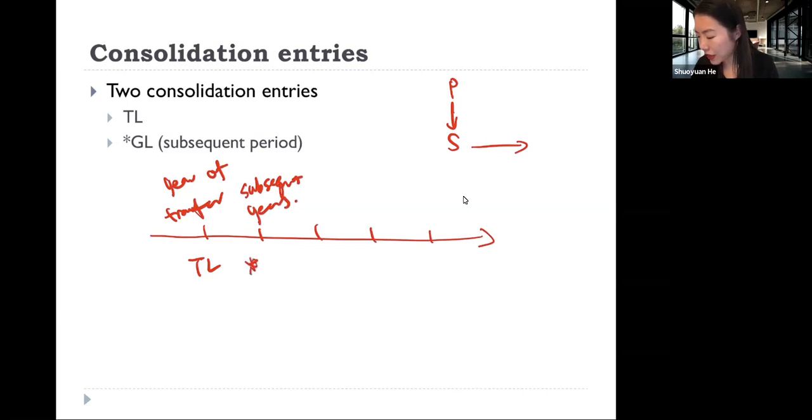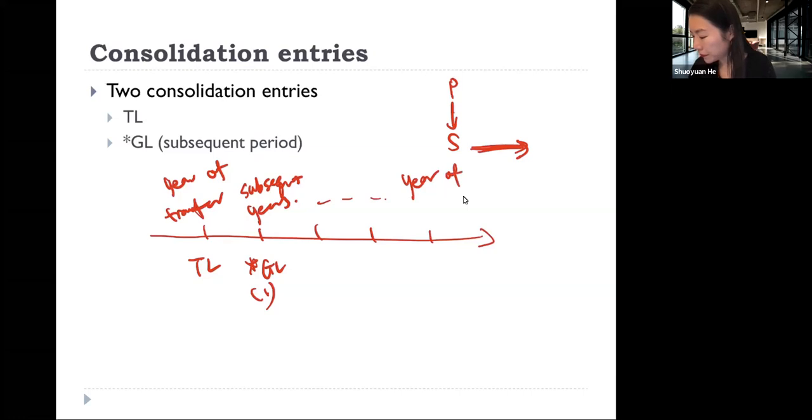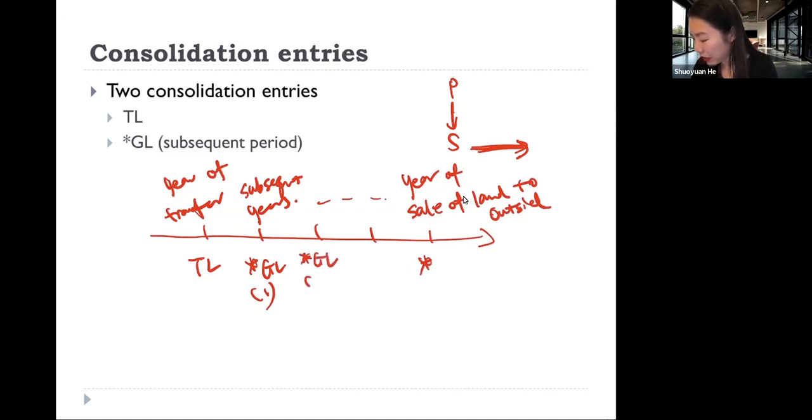we have entry *GL, and that is version 1. So we have two versions of the *GL entry. We use version 1 in all subsequent years until the year when this piece of land is eventually transferred out to the outside party, the year of sale of land to outside.